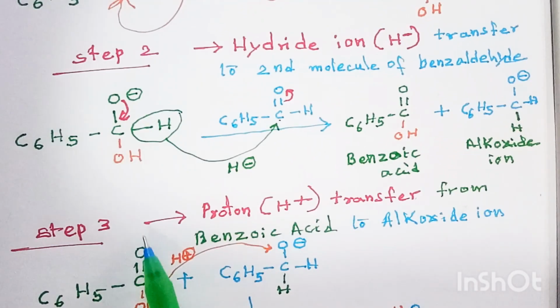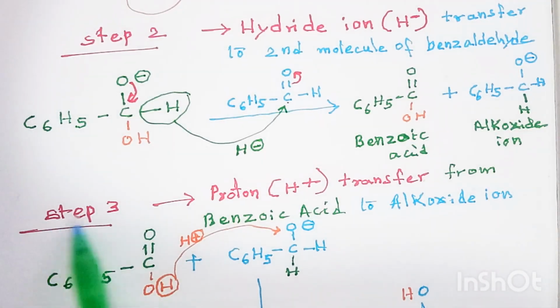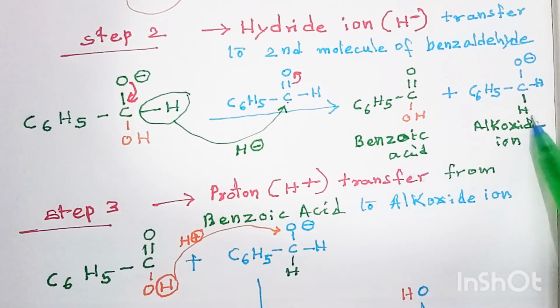In step 3, proton transfer takes place from benzoic acid to alkoxide ion.